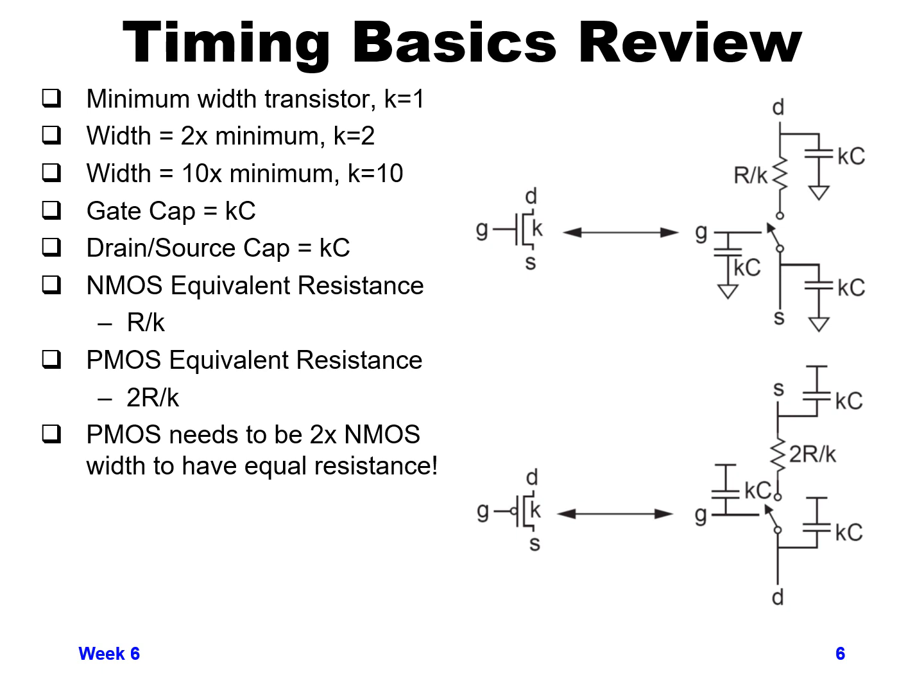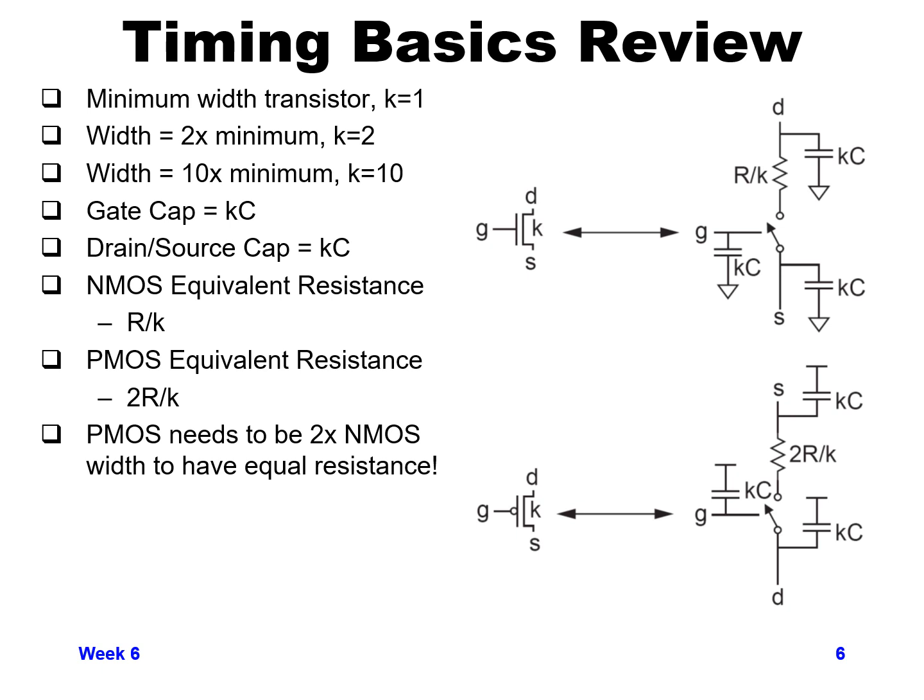Rather than trying to talk in absolute terms for a given process technology, an absolute resistance value or an absolute capacitance value, and measuring that in terms of microns for a particular device, we want to simplify things and define things in terms of the minimum width, minimum length transistor that we're allowed to draw for that technology, and then put our calculations in terms of that as our basic unit.